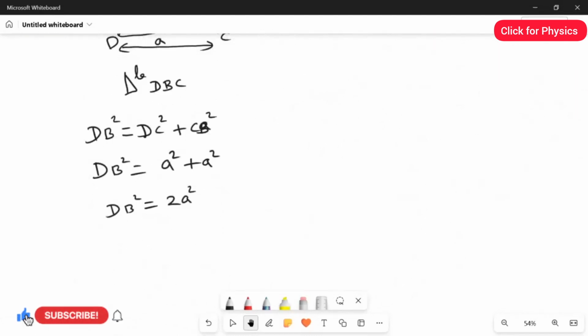Once I take the square root on both sides, my DB is equal to A root 2, right? And DB here is nothing but the diagonal. Clear? Once you divide this diagonal by 2, you will get the value of r.